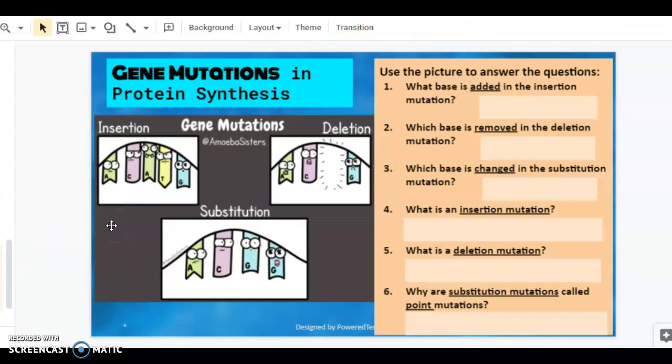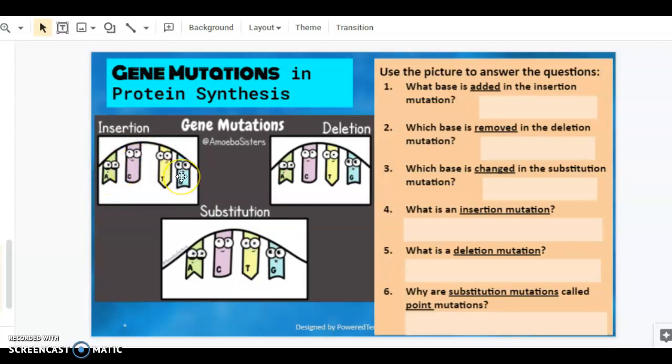We talked about point versus frame shift. Now let's take a little bit of a closer look at those. Here we have at the top insertion and deletion. These two are frame shift mutations. So what you see here is this DNA is supposed to have 4 bases in this section. In an insertion, an extra base, the A, gets added in.